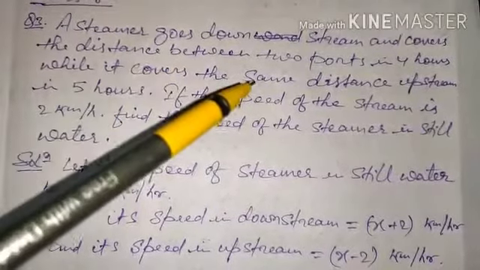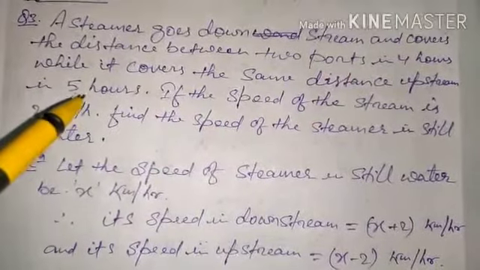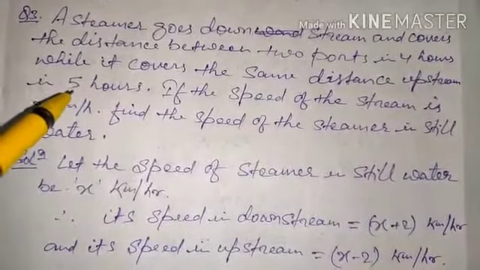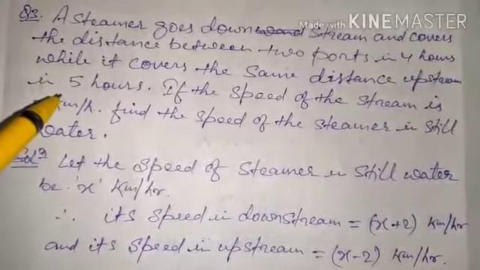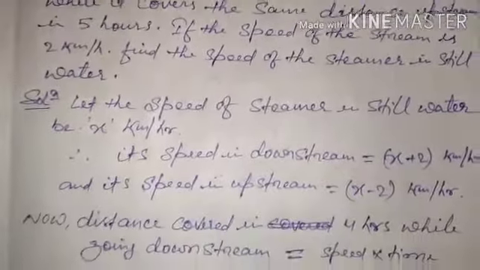When it is moving downstream, along the river, it is 4 hours, and when it is moving opposite to the stream, it is 5 hours. Speed is reduced, that's why time is increasing. We'll have to use this concept only in solving this question.